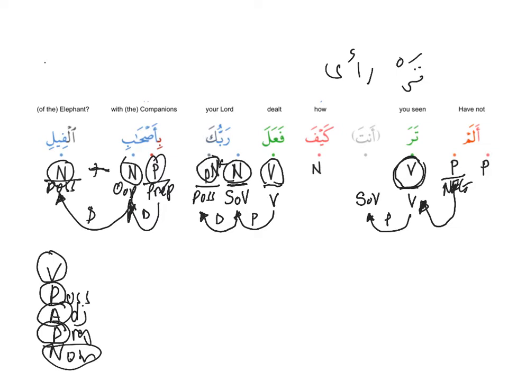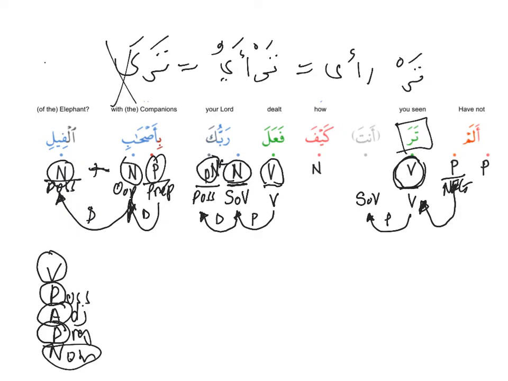So tar-ayu is actually the original structure of the present tense of tara. When you do something to it morphologically, it becomes tara. That's why you see tara in the Quran. But then when lam kills it, this is gone, so you're left with tara.